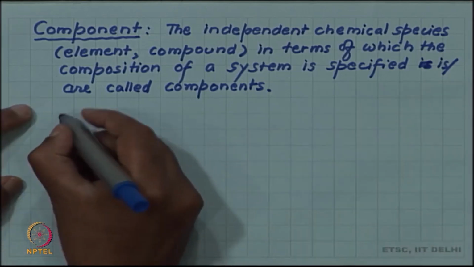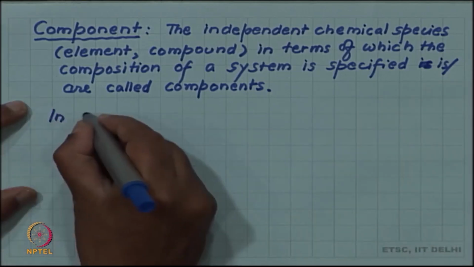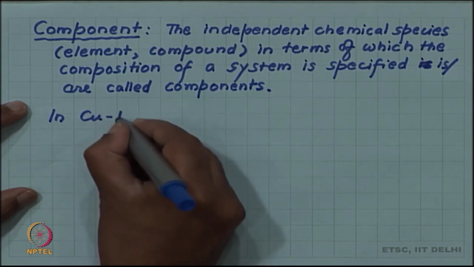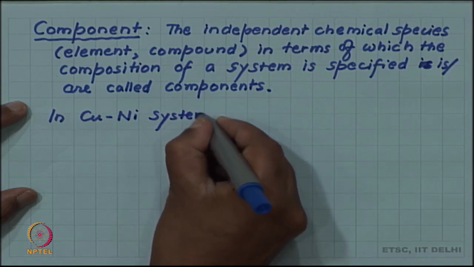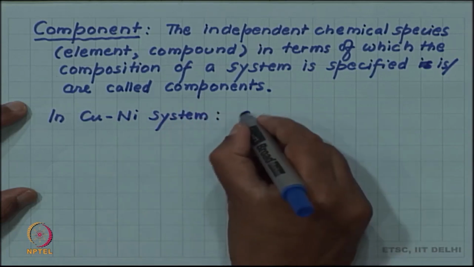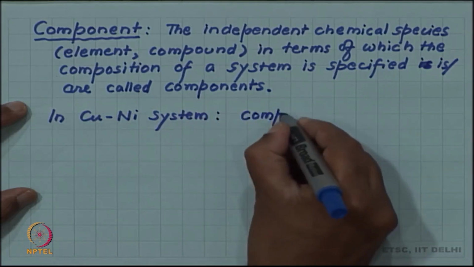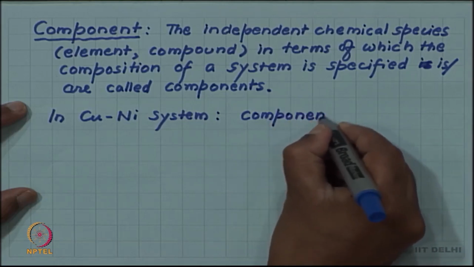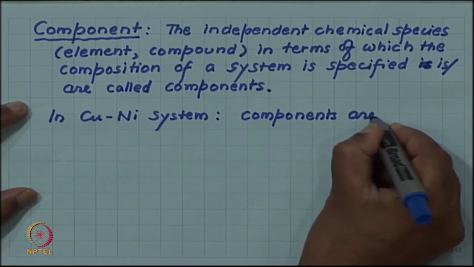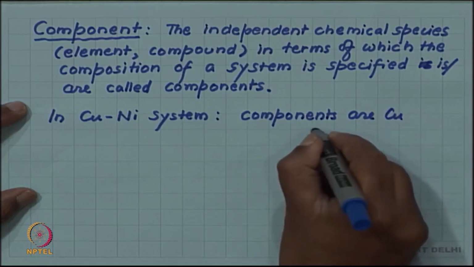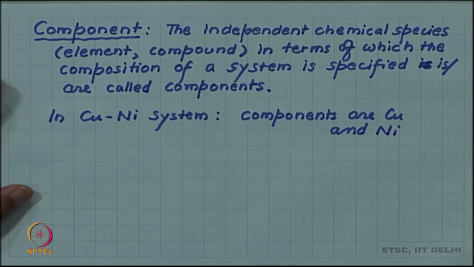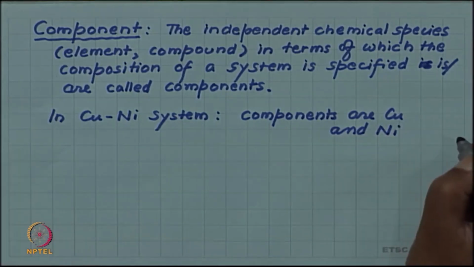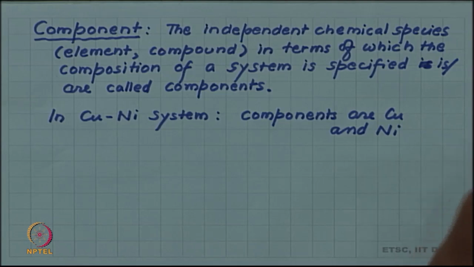So, in the copper nickel system, the example which we considered, the components are copper and nickel. So, the diagram which we had was a 2 component diagram.